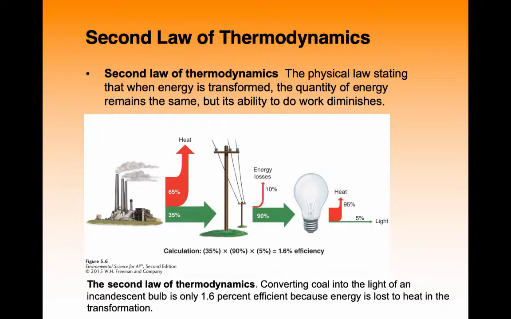Okay, so an example, when we take a power plant and we convert coal or natural gas energy into the production of light, there are inefficiencies. In particular, in the old days, when I was a kid, we would use these incandescent bulbs. And these incandescent bulbs produced great light, but they also got really, really hot.